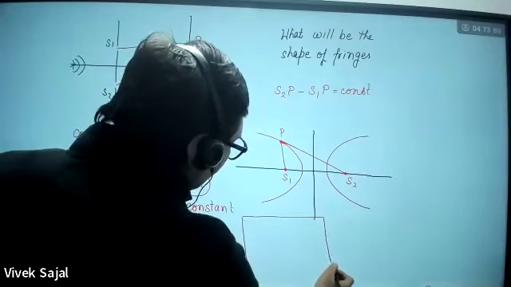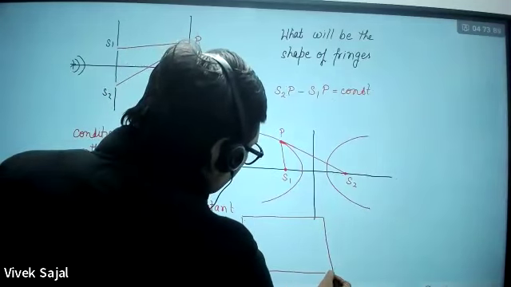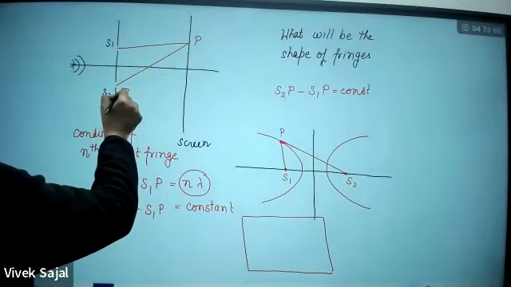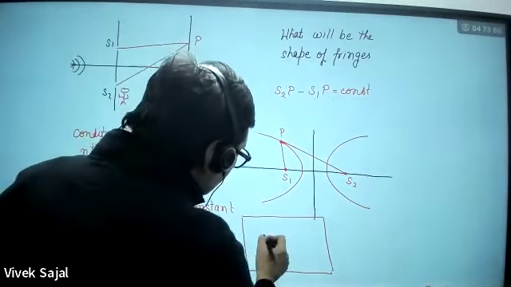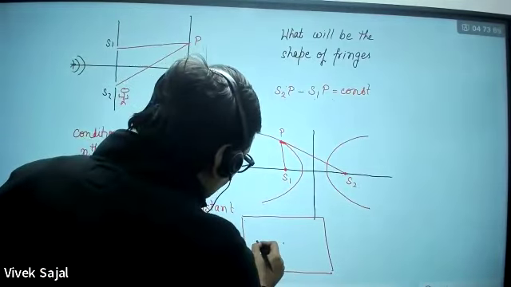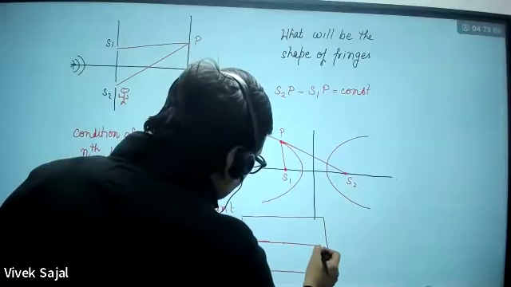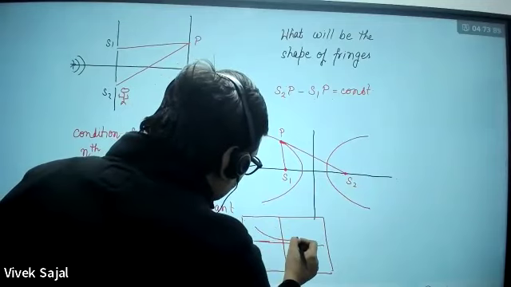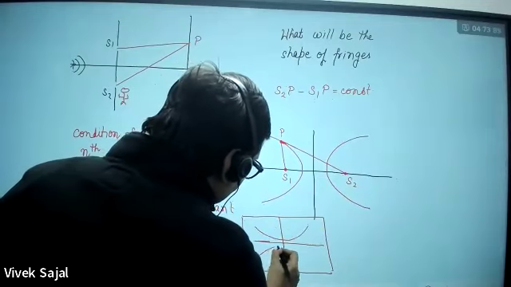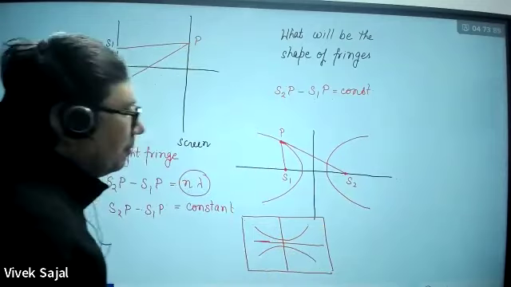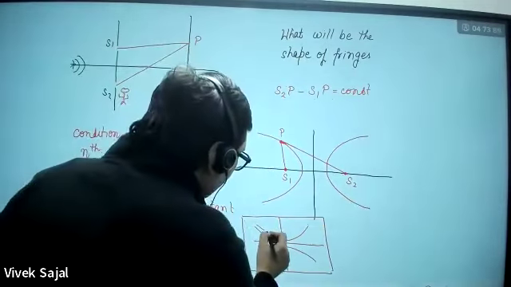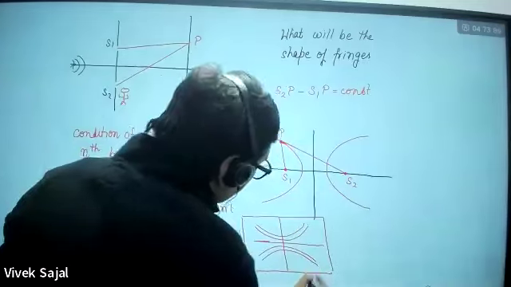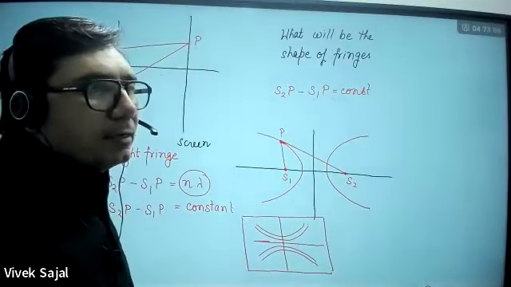If you look at the screen from the front, standing on this side, then this will be the center here, and your fringes will be like this. This type of hyperbola you are going to get.